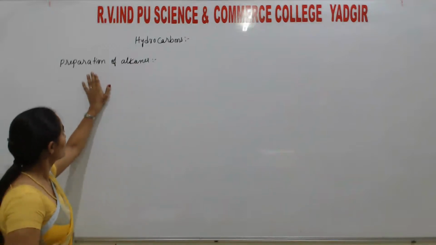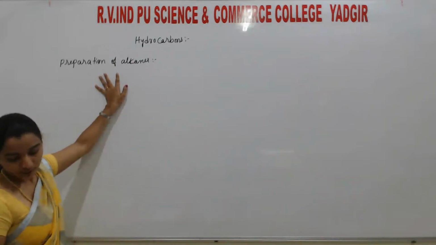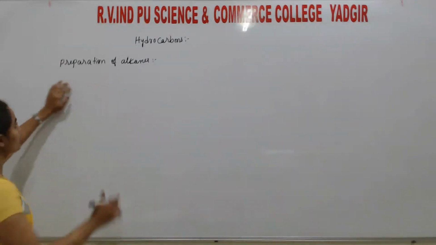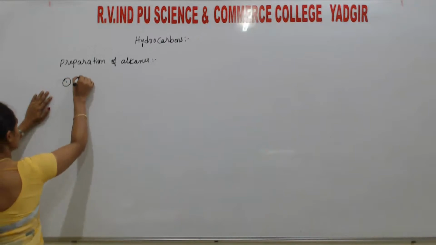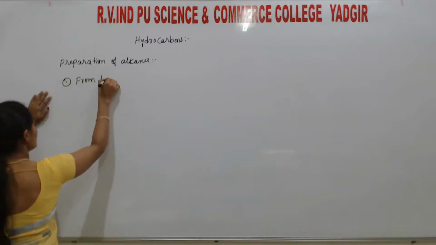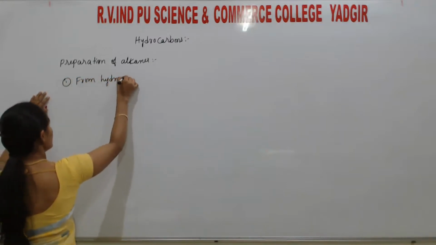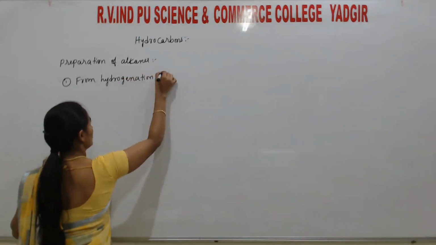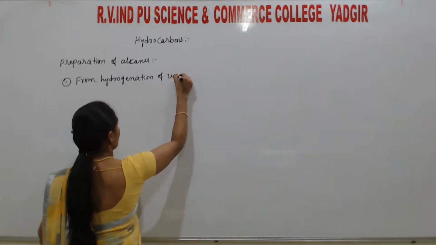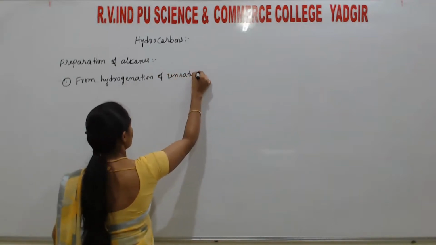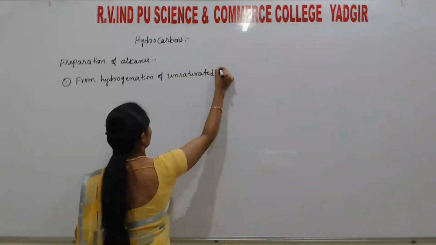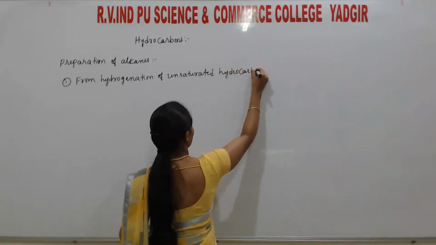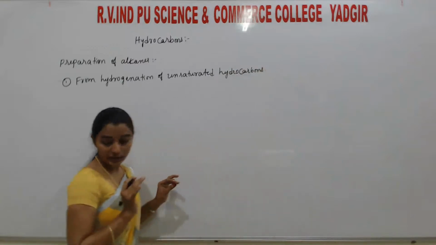Okay? So, preparation of alkanes. The first one is from unsaturated hydrocarbons. Especially, you take hydrogenation of unsaturated hydrocarbons.